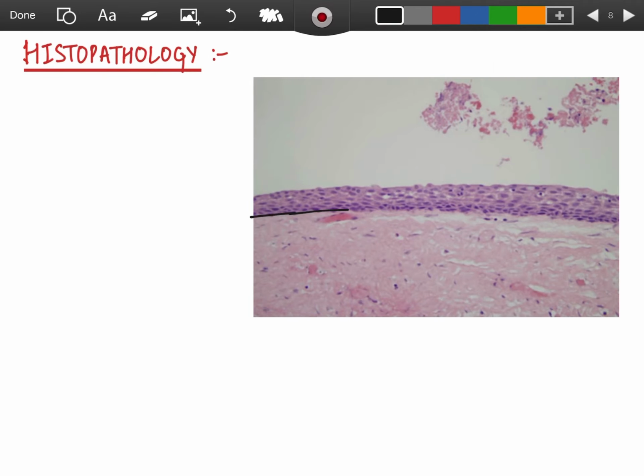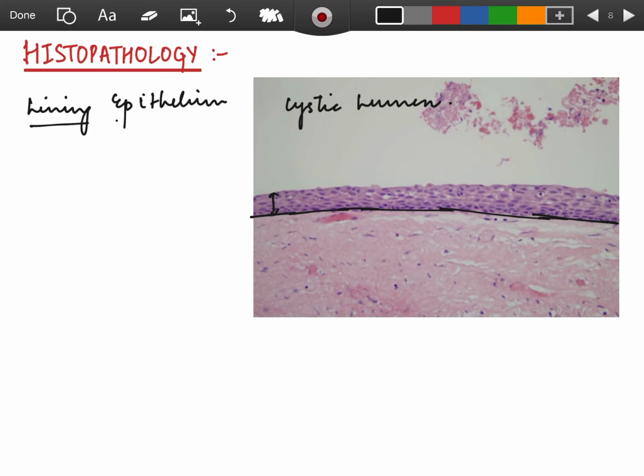And in the histopathology, we see this is the cystic lining epithelium, and this is the cystic lumen. We know that this lining epithelium is 1 to 3 layers thick in a dentigerous cyst.